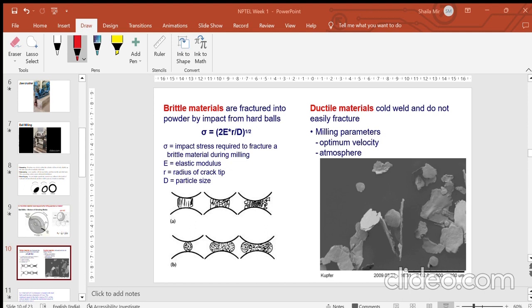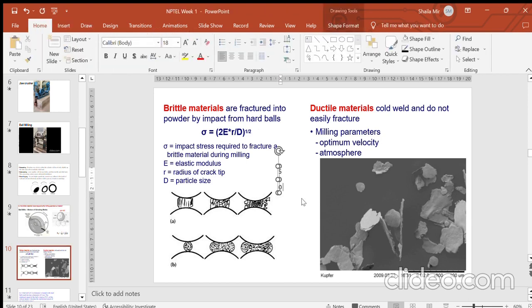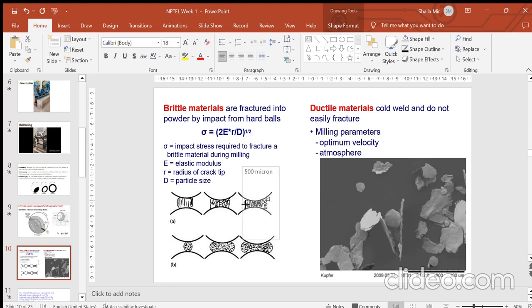So what we understand from this equation is, if you are given two particles, one of say 500 micrometer and one of size 1 micrometer, which of the two particles will have a higher impact strength? Which particle will need a higher impact stress as compared to the other? I'll write it here.